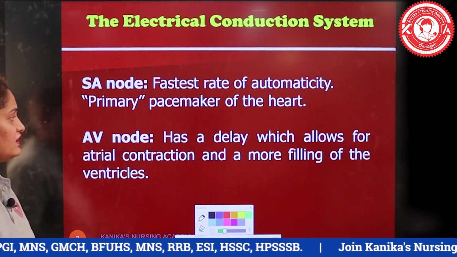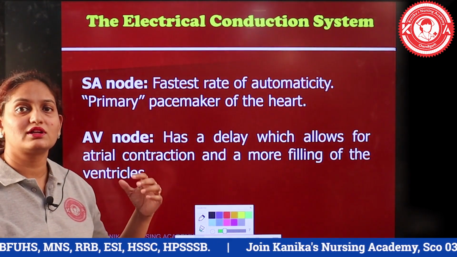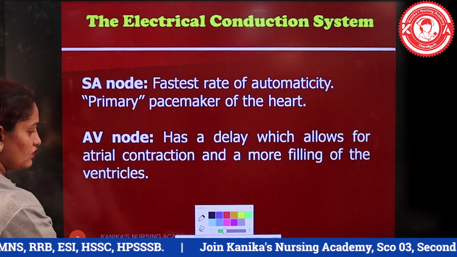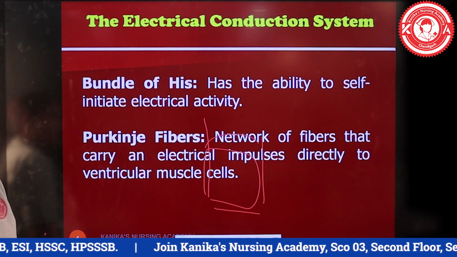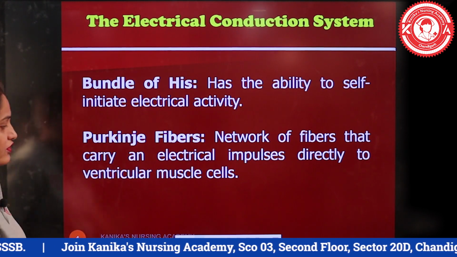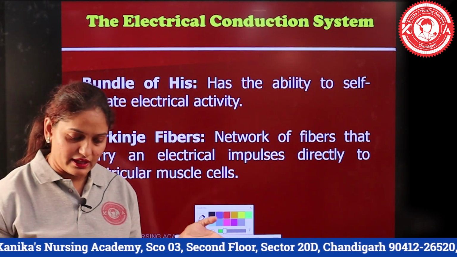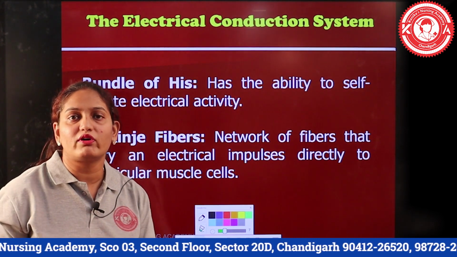The AV node has the delay which allows for atrial contraction and complete filling of the ventricular region. Then the bundle of His actually has the ability to self-generate the electrical impulse only in the absence of the SA node firing the impulse.